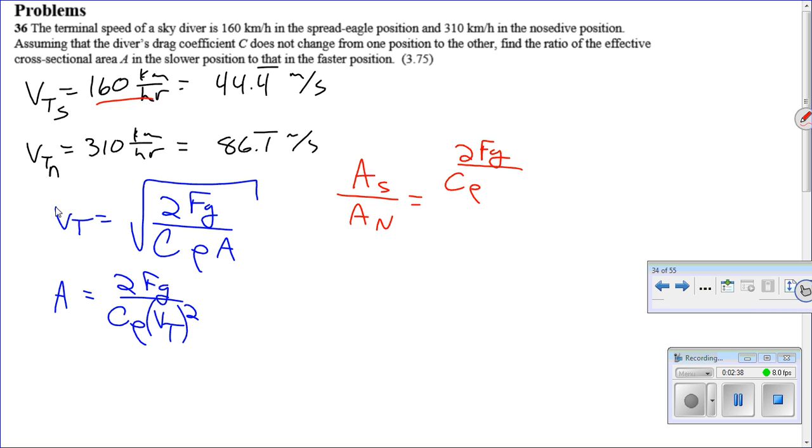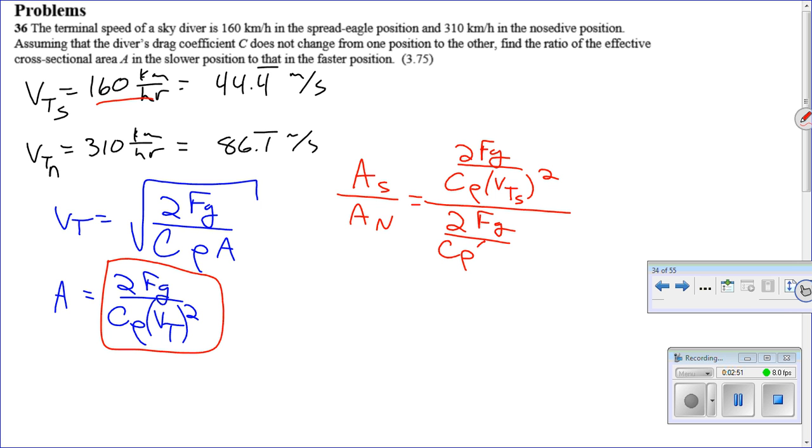All I'm doing is substituting this in, okay? So this is going to be 2 times Fg over c times rho times the terminal velocity in the spread eagle position squared, all over 2 times Fg over c times rho times the terminal velocity in the nosedive position squared.